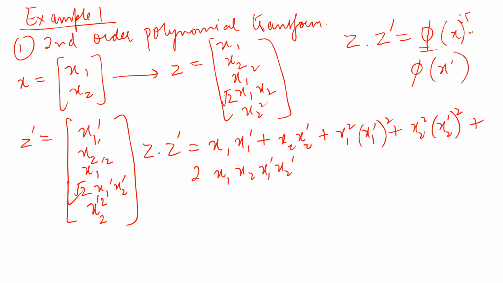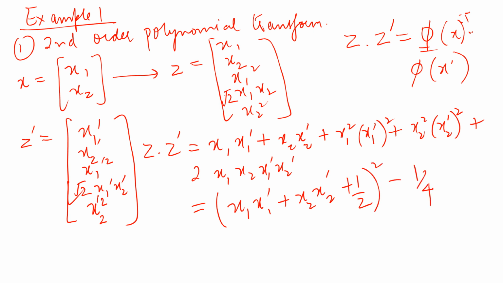Okay, a lot of algebra there. And I'm going to quickly skip the algebra, and so we can rearrange terms. Of course, this comes from high school level algebra, where you can get a form of something like this, which is x1 x1 prime plus x2 x2 prime plus half, whole squared, minus 1/4. So if you expand that, you essentially get that.